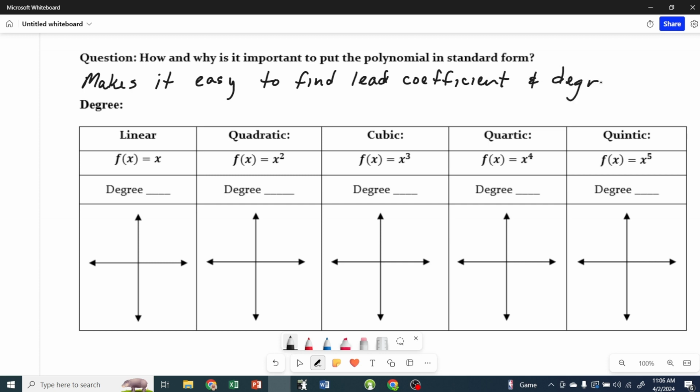It really doesn't matter with the terms, because with terms you can just count those. Okay? All right, let's move on.